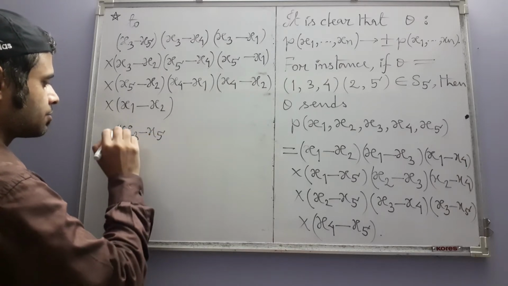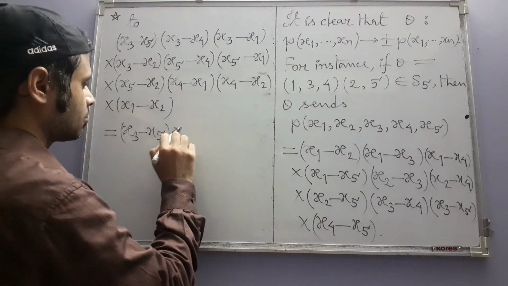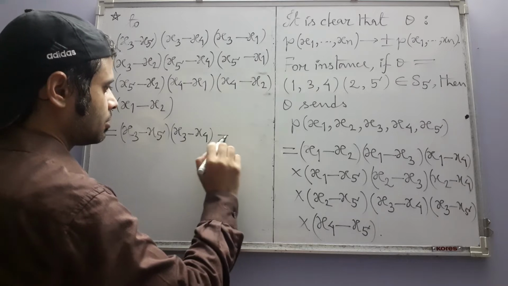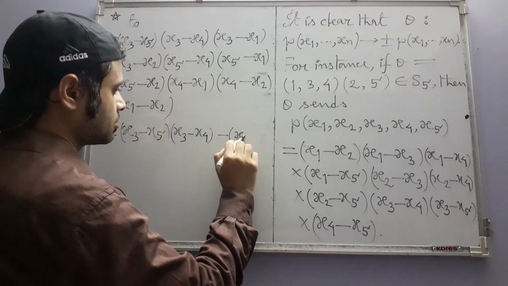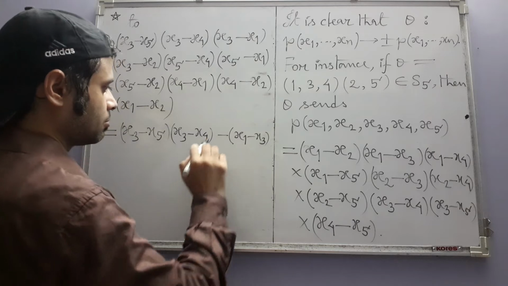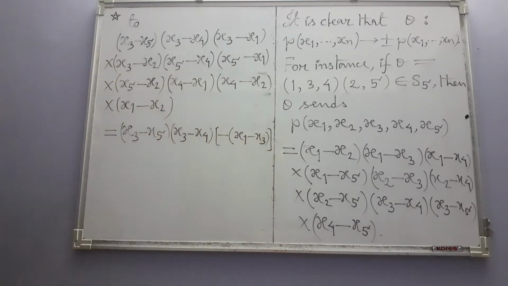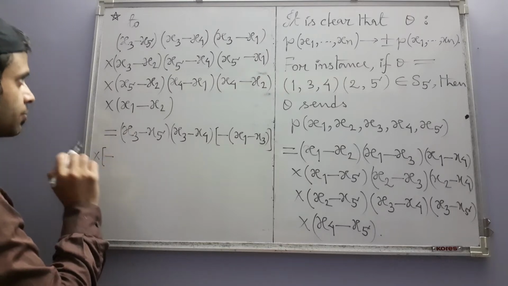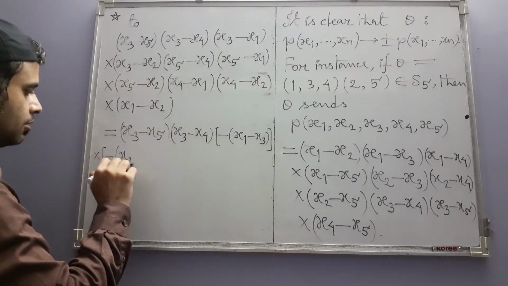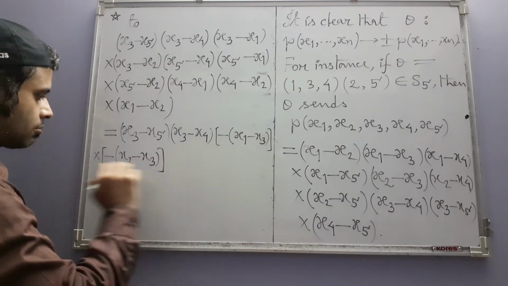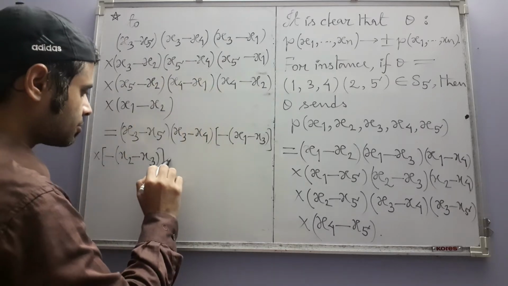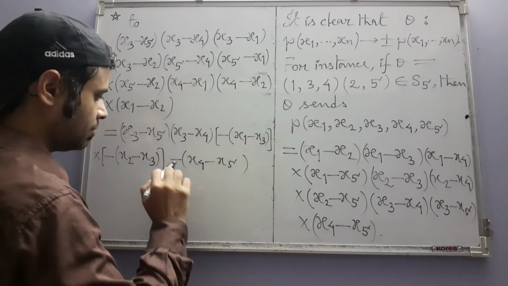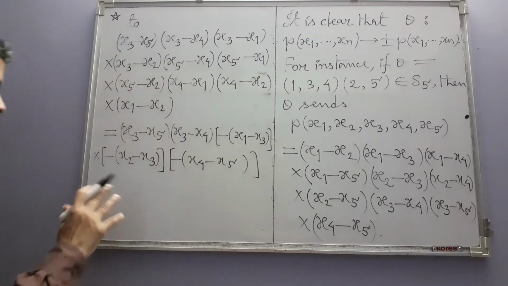Okay, so we are going to write x3 minus x5 times x3 minus x4 times minus x1 minus x3. This one also needs to be changed. Minus x2 minus x3. Then this one also needs to be changed. x4 minus x5. We may end up taking a lot of space, but that's okay.